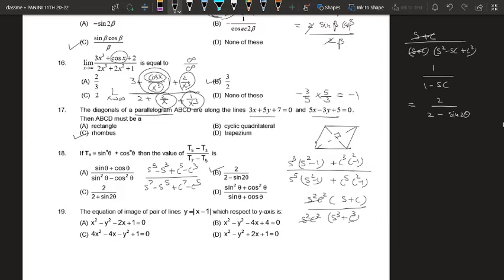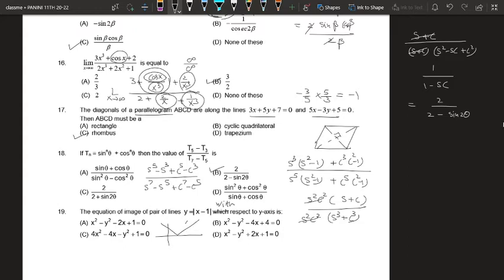The equation of the image of the pair of lines with respect to the y-axis. The given equation is y equals mod x minus 1.